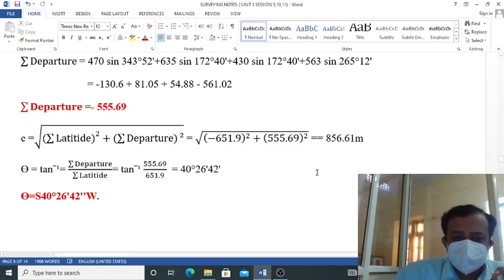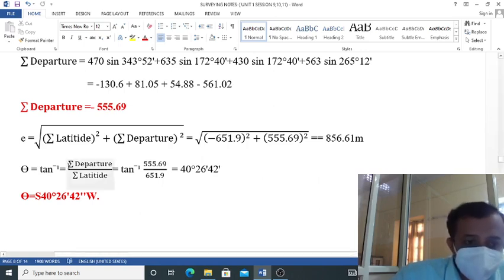Here they also ask you to find the direction of the error. To find the direction of the closing error, theta is given by tan inverse of sigma departure divided by sigma latitude.